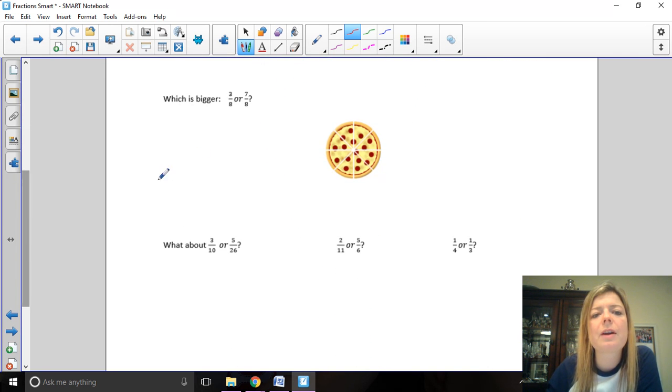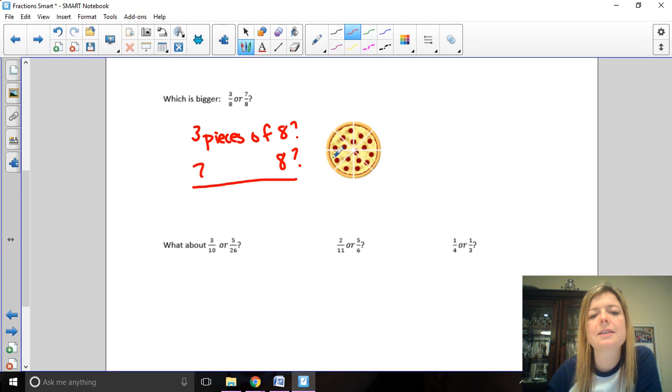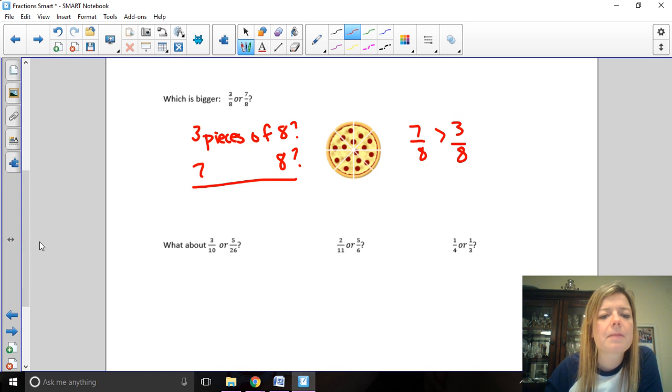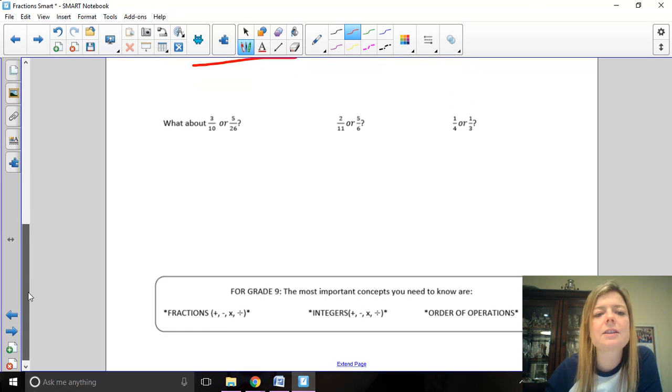Now what about if you have 3 over 8 or 7 over 8? Well, would you rather have 3 pieces of 8 or 7 pieces of 8? Clearly, 7 of these 8 pieces is more pizza than just 3 of them. So 7 over 8 is bigger than 3 over 8. Okay, but in our last example here, it's not as obvious.